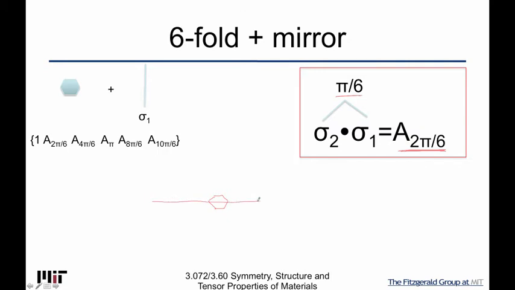We'll draw all the red mirror planes that would be induced just by the six-fold symmetry itself. There you have it. Those are all, as you can see, exactly 60 degrees. Hopefully they're approximately 60 degrees with my bad drawing.